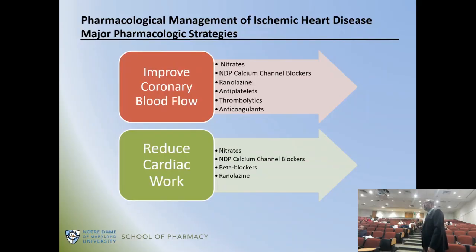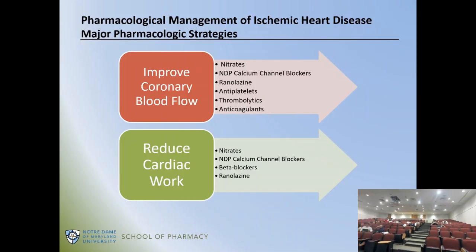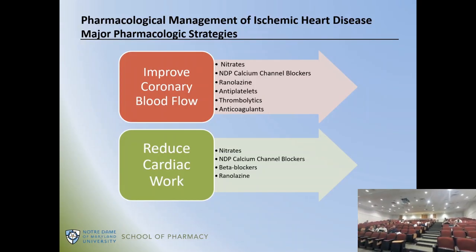Then we have all of our hemostatic agents here. These are drugs that can deal with clots that form in the coronary arteries, either by preventing them from forming or by removing them. So our antiplatelet agents and our anticoagulants can be used to prevent clot formation.